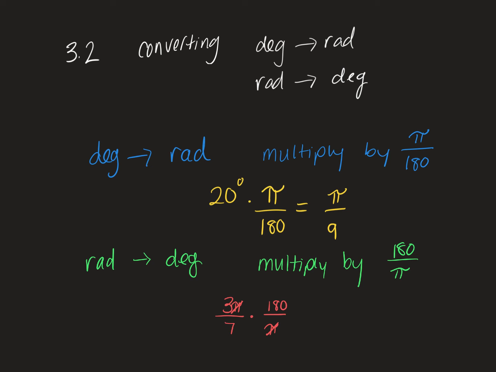You get 77.14. All right, so for degrees, it's okay to get a decimal.